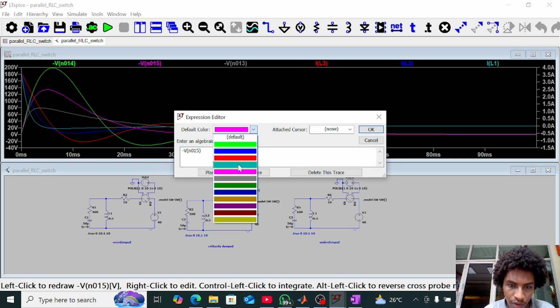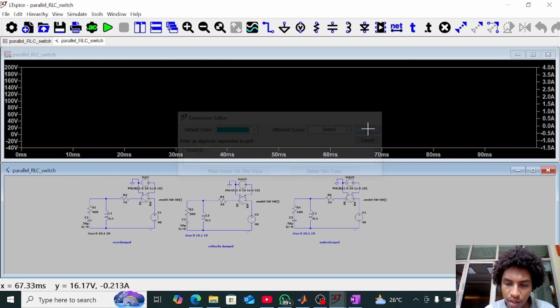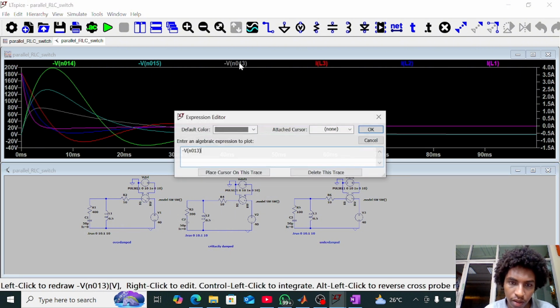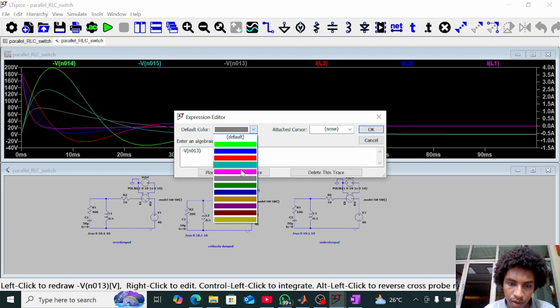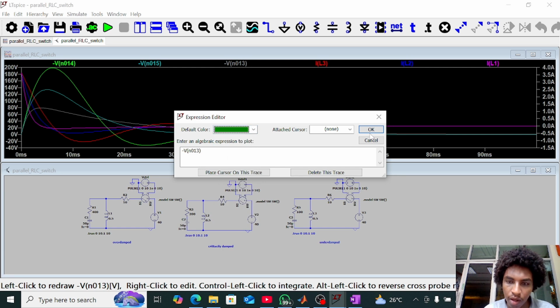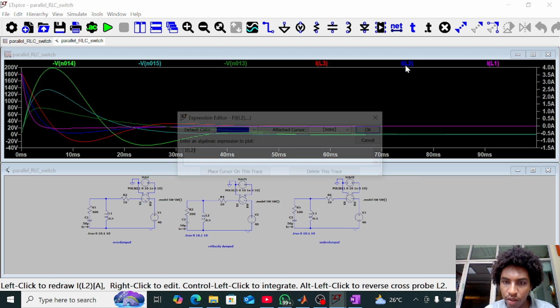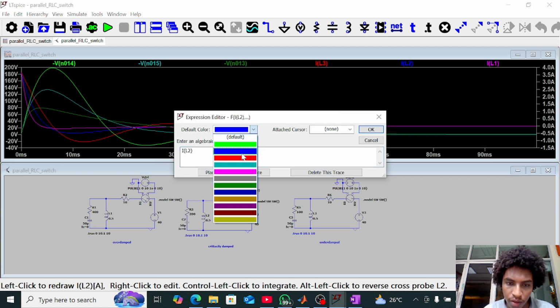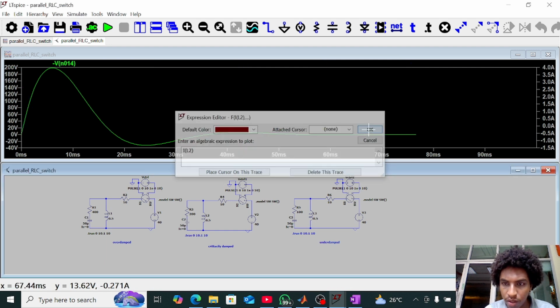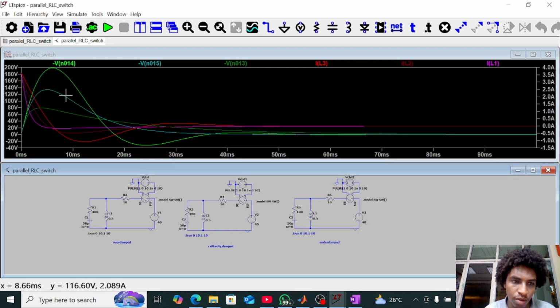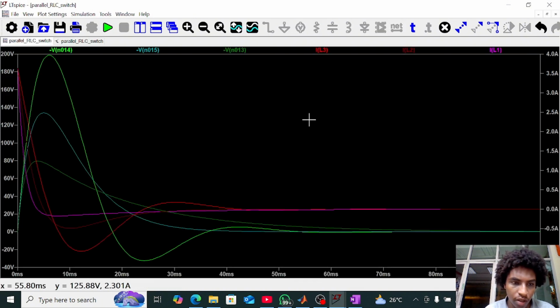For the voltage, choose colors near to green, and for the current, choose the red colors, so it's easy for us to differentiate between them. So this is it. We can open it as a full screen.